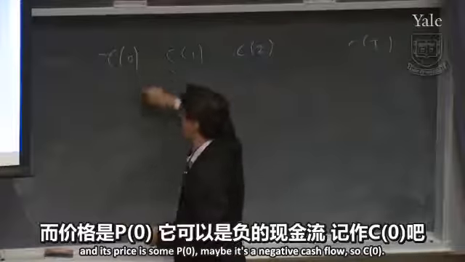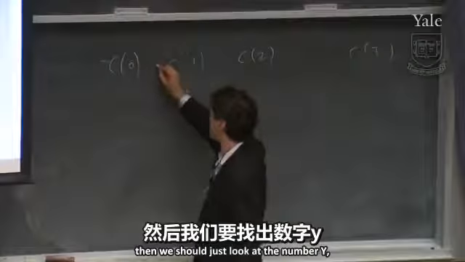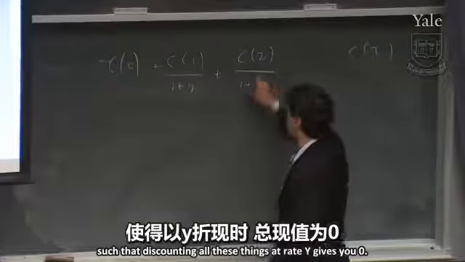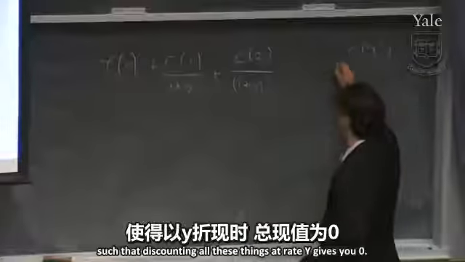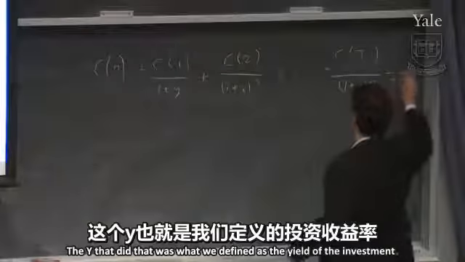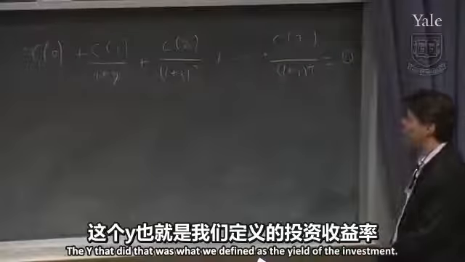So some of these cash flows might be negative and some of them might be positive. Then we should just look at the number y such that discounting all these things at rate y gives you 0. And the y that did that was what we defined as the yield of the investment.